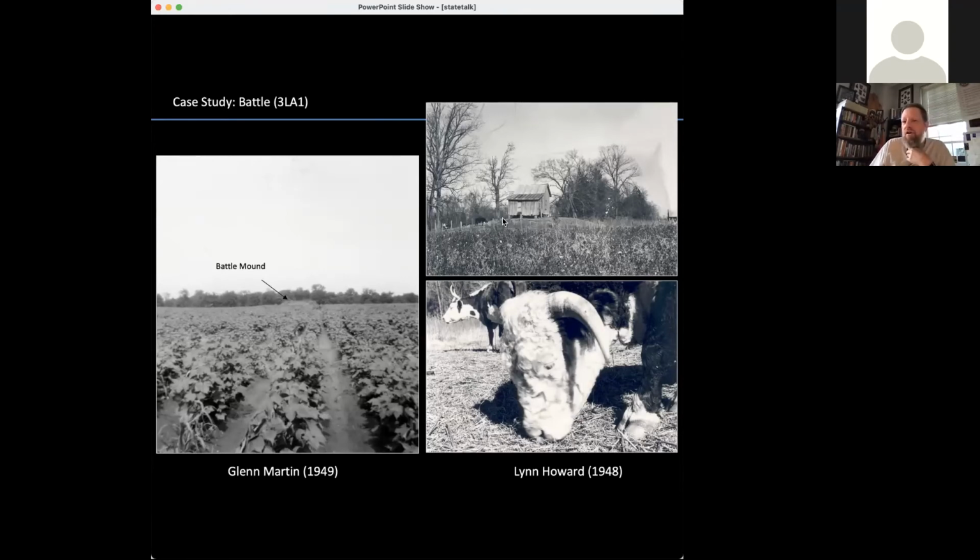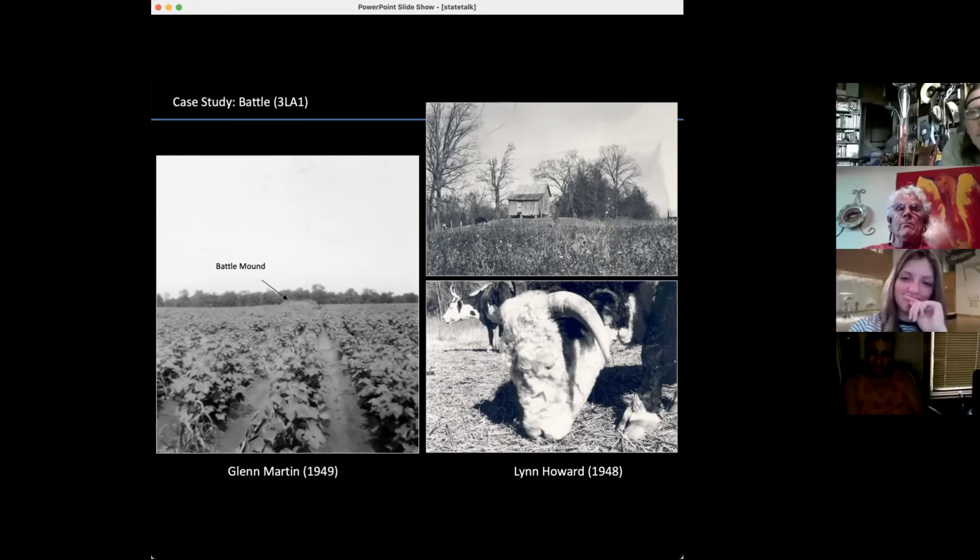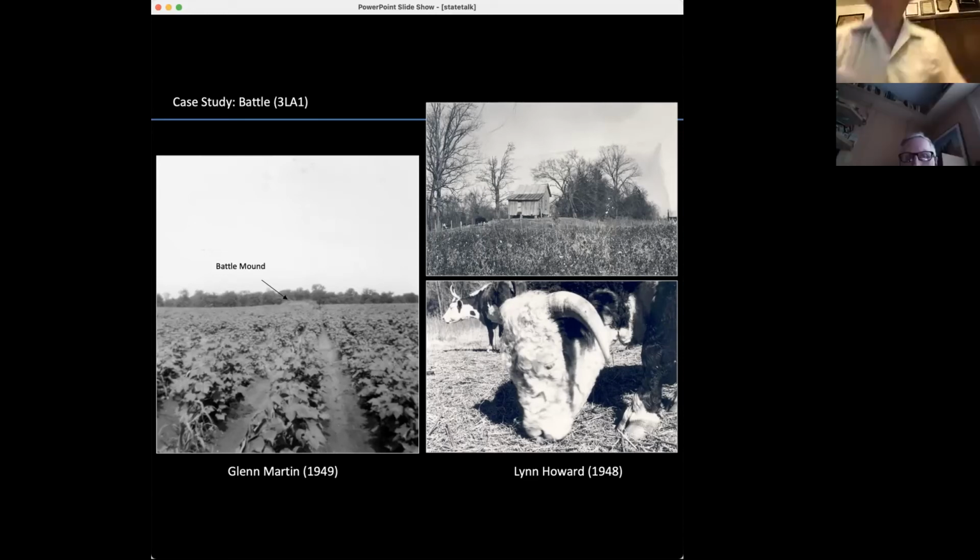And look, the cows are on the other side of the fence, which happens to be the mound itself. So the cattle are grazing on the mound. And Lynn Howard here, who excavated in 1948, was fascinated with the cows up close for some reason and took a couple of pictures. So we can see some evidence of the cows themselves. So there's clearly a history of landscape use that has the potential to impact the archaeological remains and reduce mound visibility through plowing, never mind the destruction by cattle.